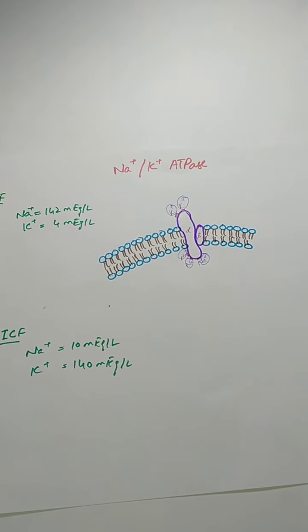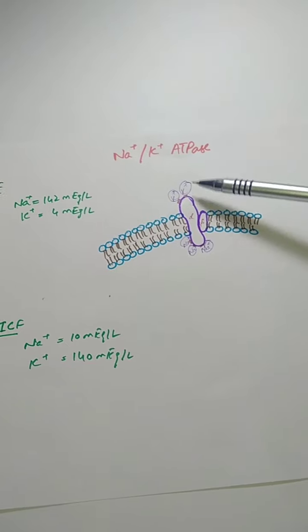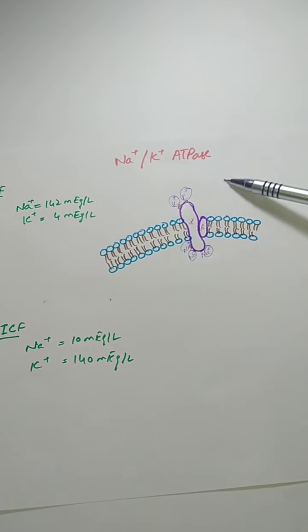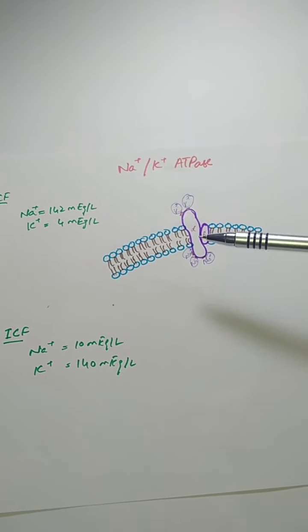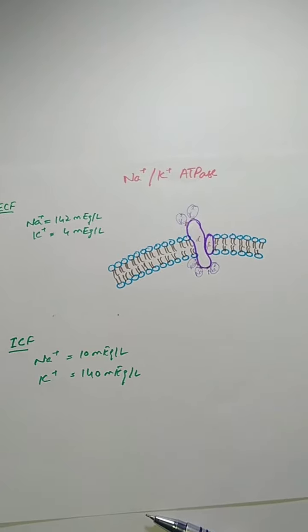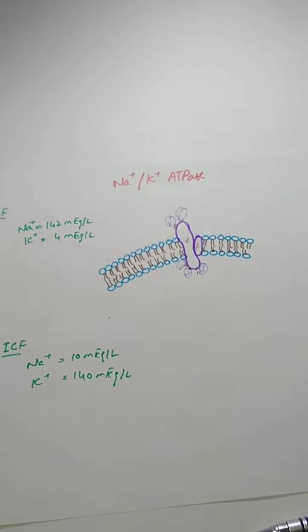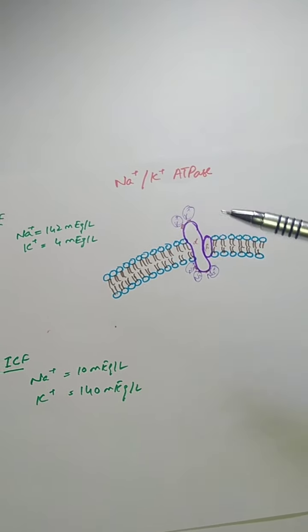Now what happens during one ATPase cycle? When two potassium ions are bound on the extracellular domain of the alpha subunit and three sodium ions are bound on the intracellular domain of the alpha subunit, the ATPase activity is activated.